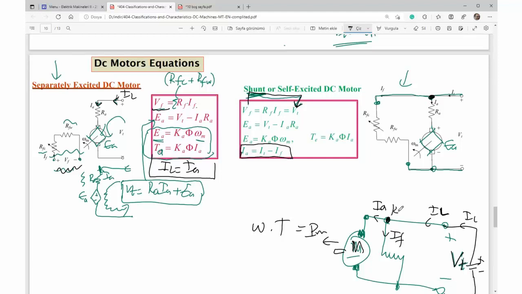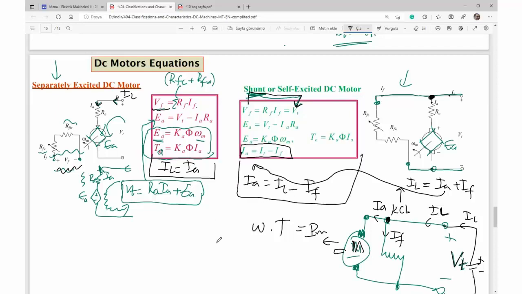Applied load current will be divided into two components, like this. So armature current is equal to load current minus field current, shunt field current.